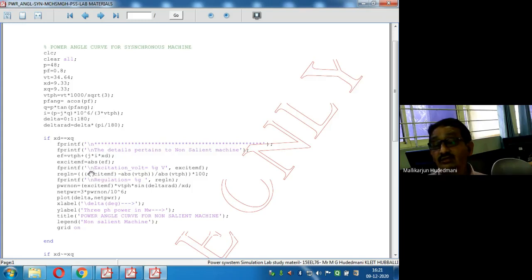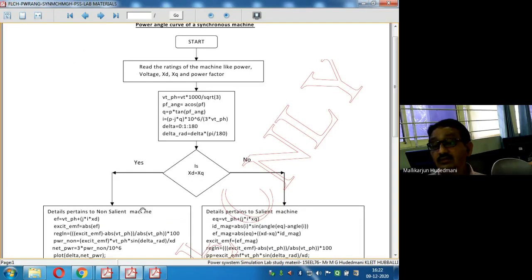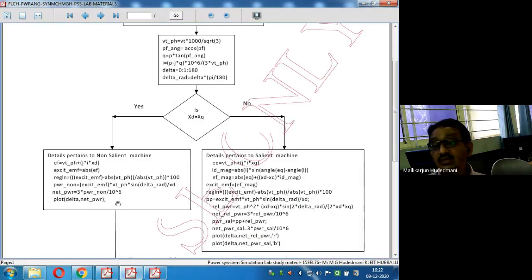on a fresh line, code backslash n, fresh line. Excitation EMF equal to, compact format, percentage g, in volts, Excite EMF. This key variable is holding the answer. Display it in the percentage g position. Then regulation is EF minus VT divided by VT into 100. Whatever keywords I used here, the same keywords I am using in the program.